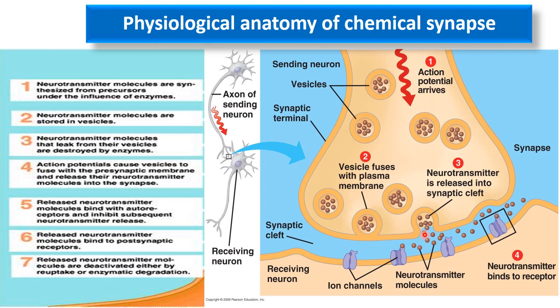So what happens when an action potential arrives at the axon terminal? You can see the action potential is arising. The neurotransmitters are formed in these vesicles and stored there. When the action potential reaches the axon terminal, voltage gated calcium channels open at the terminal and calcium moves inside, which causes the membrane vesicles to fuse with the plasma membrane and release their neurotransmitter in the synaptic cleft.